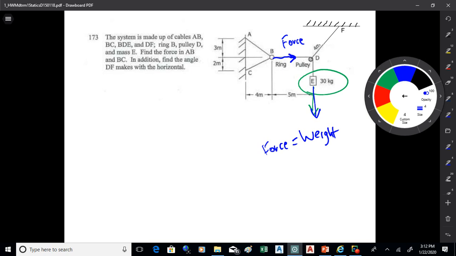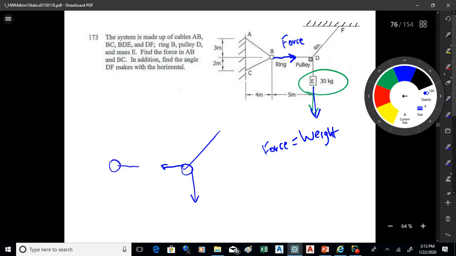So anytime you have a pulley, you're going to have the force on the cable on one side of the pulley, if you're dealing with statics, will equal the force on the other side. So, if you look at the pulley, basically you'll have that. If you look at the ring, that force will pull the other direction.